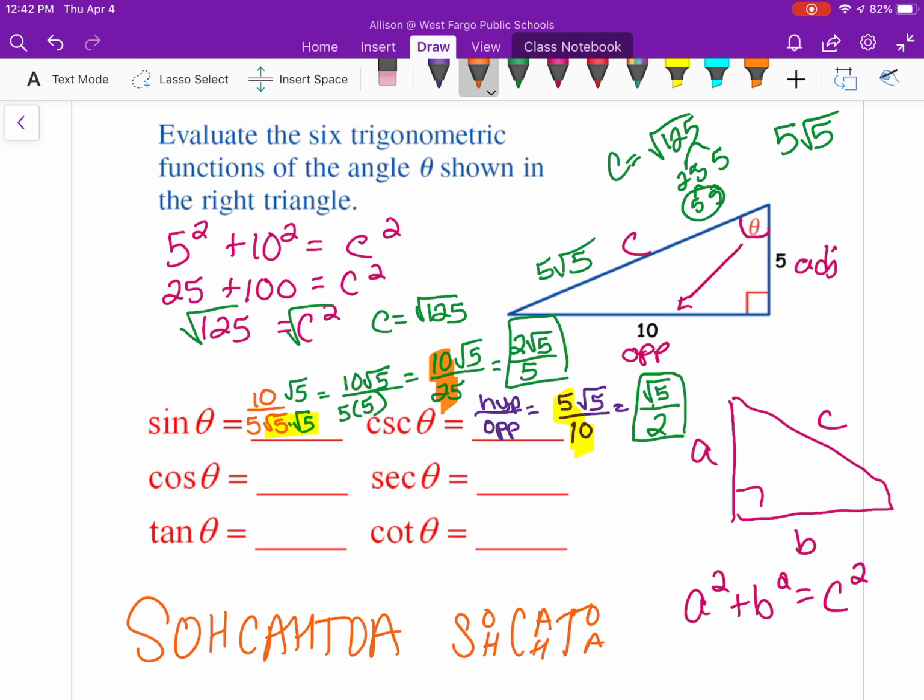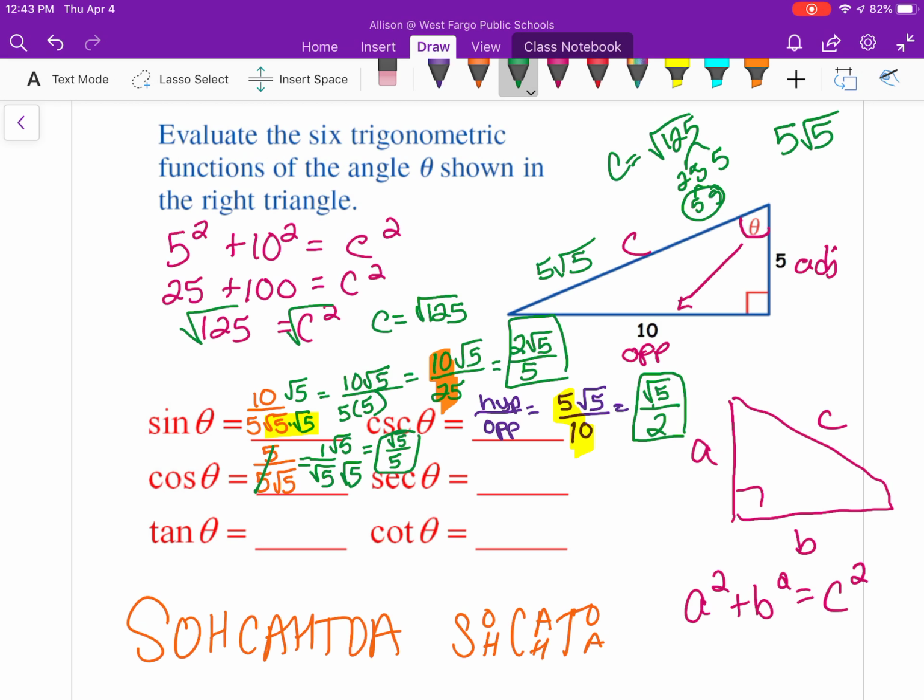For the cosine, that's going to be adjacent over the hypotenuse. And then we're going to have to rationalize again. I think I'm going to simplify this first and simplify those 5s. So I'm going to have 1 over the square root of 5, because 5 divided by 5 is 1. And then I can multiply both by the square root of 5 to rationalize. So I'm going to get the square root of 5 over, and square root of 5 times square root of 5 on the bottom is just 5.